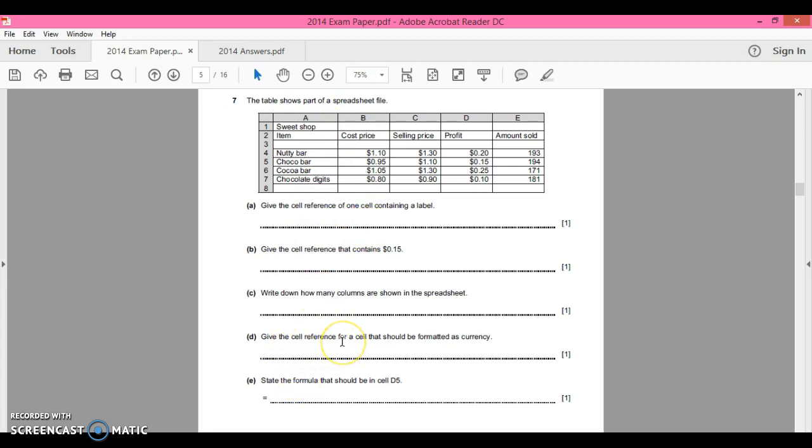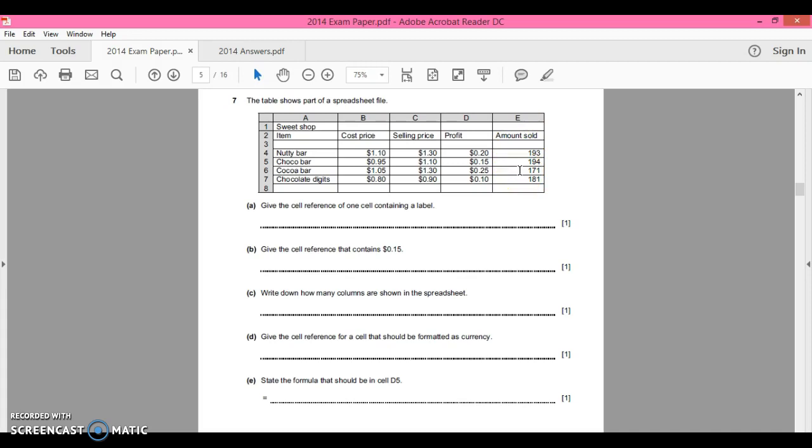Give the cell reference for the cell that should be formatted as currency. Now, this is the way they've worded this, okay? If you give any of these cell references, you're wrong. If you give E4, E5, E6, E7, you're wrong because it said the amount sold. This isn't money.